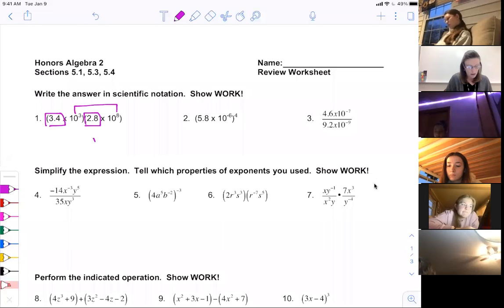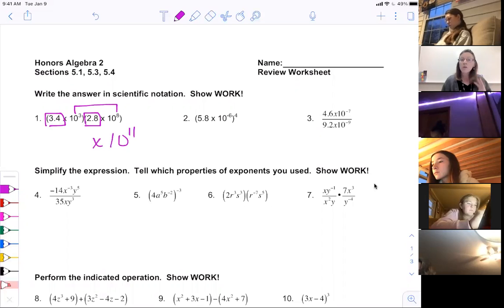So my answer would be times 10 to the 11th. And then I'm multiplying 3.4 times 2.8. When you look at your solution, make sure that it is in scientific notation. That first number is supposed to be from 1 up until 10, but not including 10. So multiply and then just make sure you're in scientific notation.